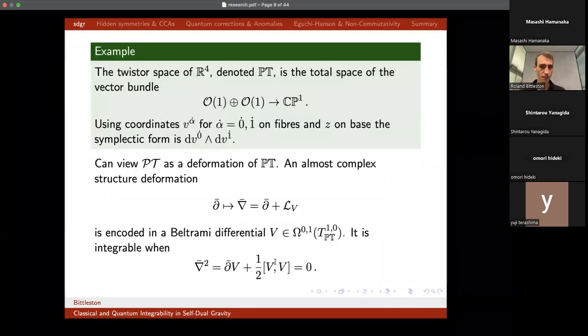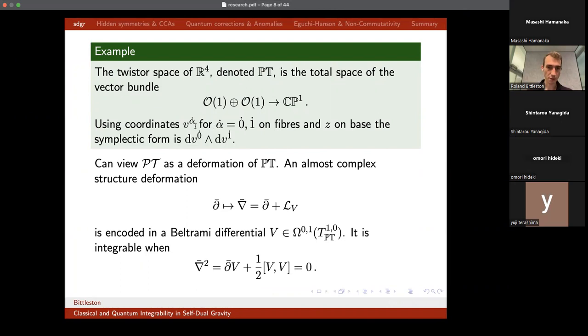So an example of this is the twistor space of flat space. This is denoted PT. It's just the bundle O(1) plus O(1) over CP1. And certainly flat space is self-dual Ricci flat. And as we see, the twistor space fibers holomorphically over CP1, and it has a symplectic form on the fibers.